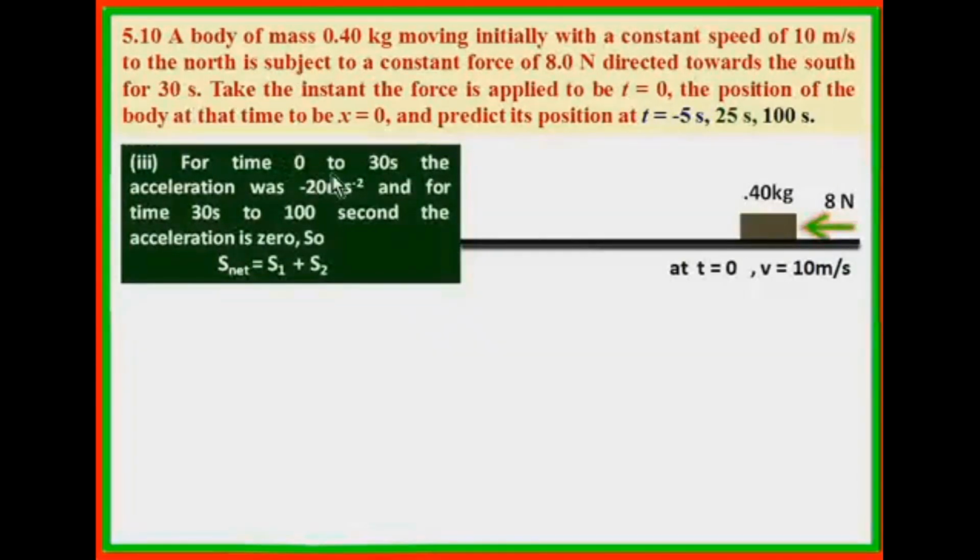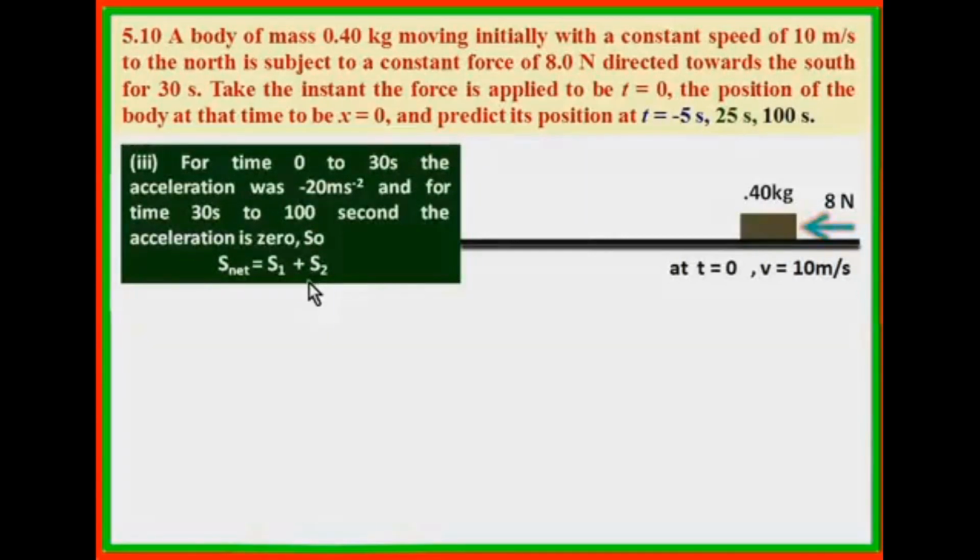Now for 100 seconds, we split it into two parts: from 0 to 30 seconds, where the acceleration we found is minus 20 meter per second squared, and from 30 to 100, which is 70 seconds. For both of them we find the distance, add them, and get the answer. So the net distance will be given by S1 plus S2.